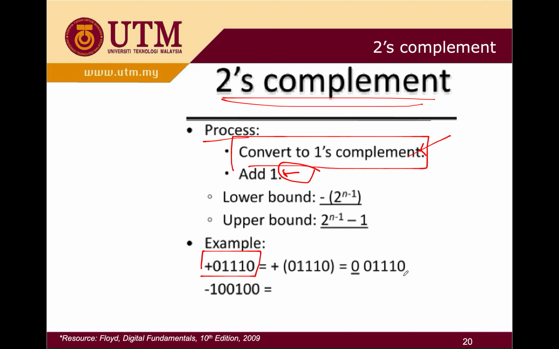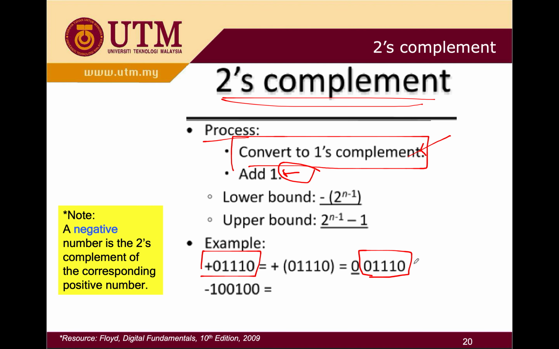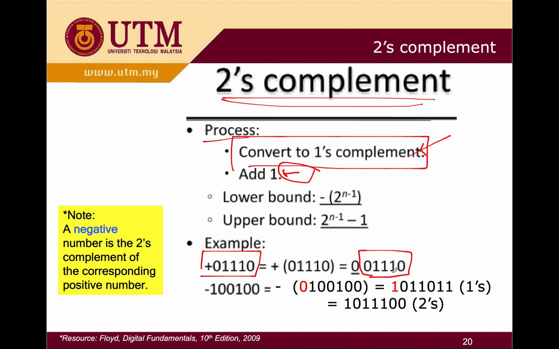Similar to here, you get the answer similar to the previous example. And the second step, you need to add 1. This is the example from the positive side. You get the result over here.